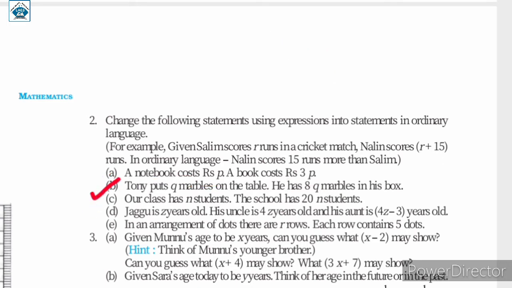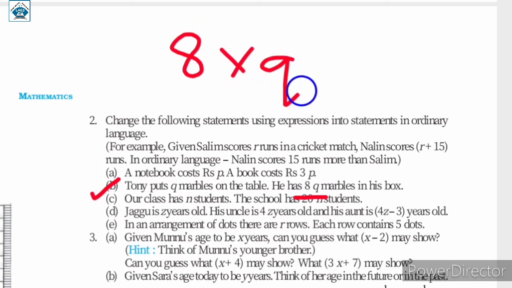B. Tony puts Q marbles on the table. He has 8Q marbles in his box. So here we can say that Tony's box contains 8 times, because it is 8Q, which is 8 multiplied by Q. टेबल पे कितने रखे?